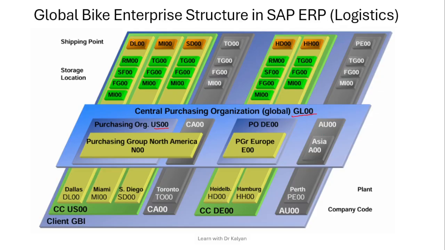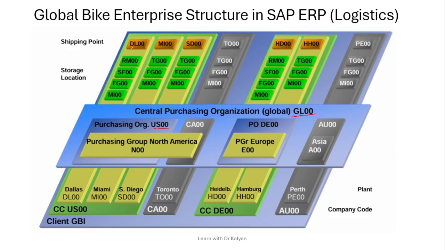Now there is one more thing we are supposed to understand before we go for hands-on experience: the shipping point. The shipping point is the point from where the raw materials are shipped into the company, or the finished goods are shipped from the company to the market.